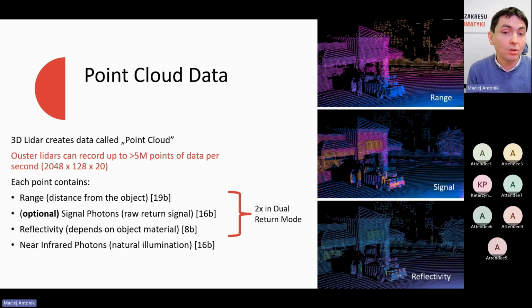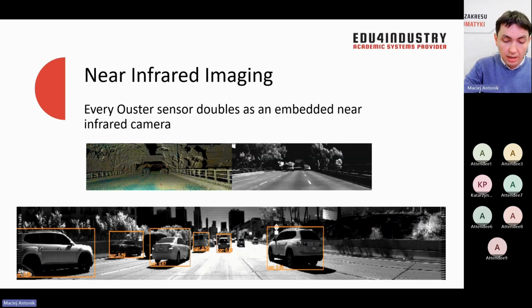And this information is also available for the user, and this is the near-infrared photon. So the same LiDAR can be used both for detecting point data and distances of points in space, but it also works like a near-infrared camera for imaging.